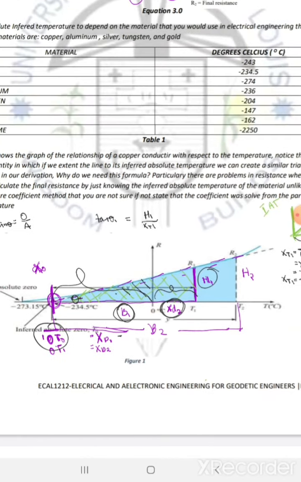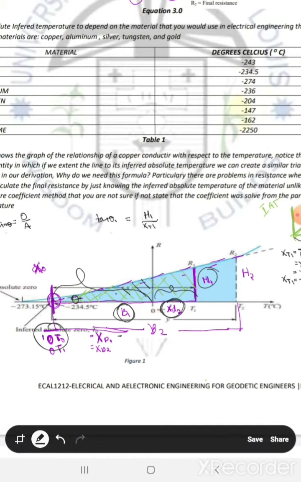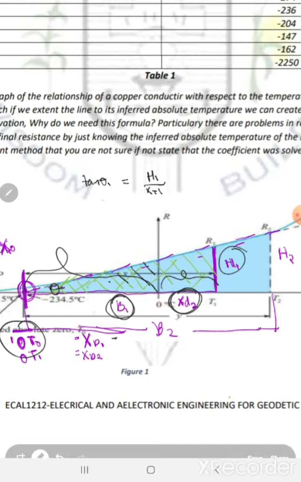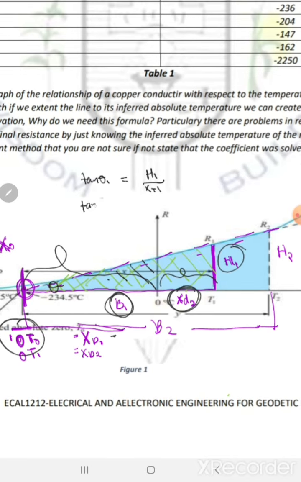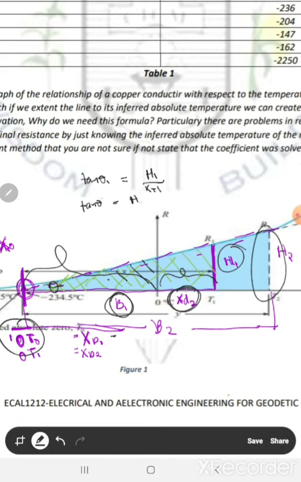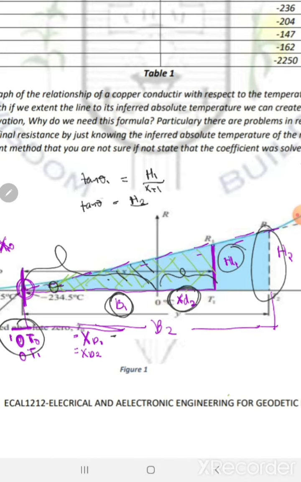But what is your second equation? And then i-relate natin siya. Take note that your tan theta is also equal to our H2 divided by our XT2.